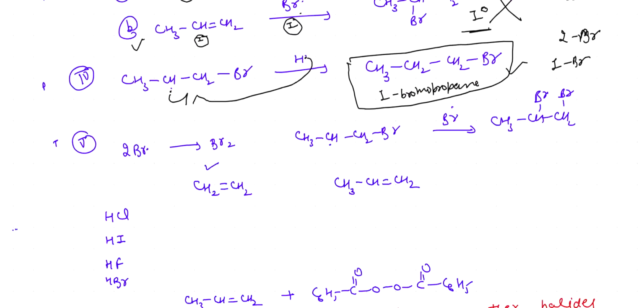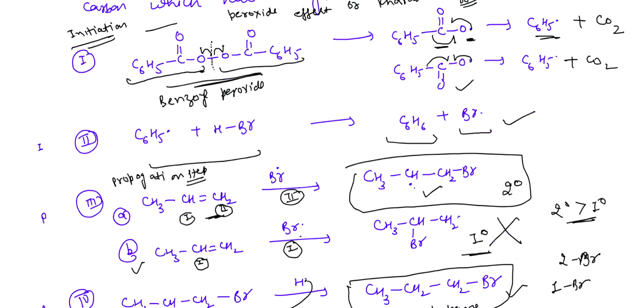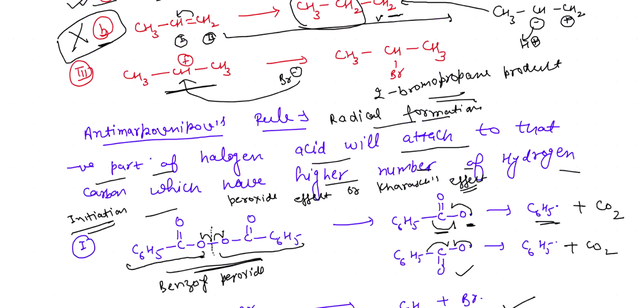Then you can just write the product without knowing the mechanism, because according to anti-Markovnikov, this CH2 has more number of hydrogen, and the bromine is linked to this part. Clear? So just by remembering the rules of Markovnikov and anti-Markovnikov, you can get your products easily.